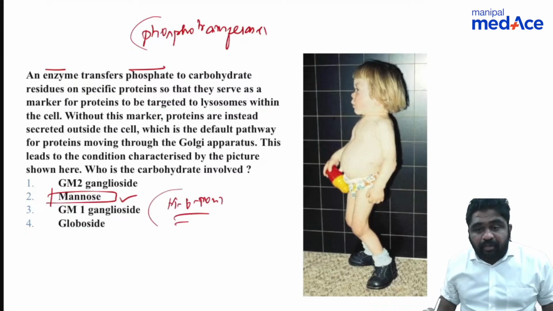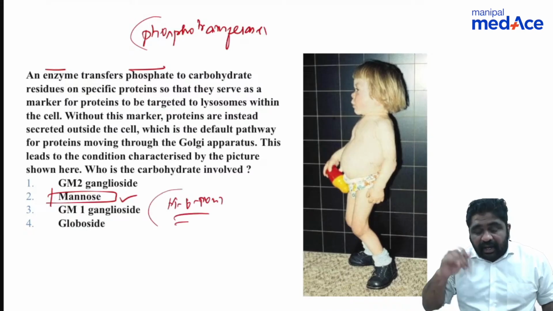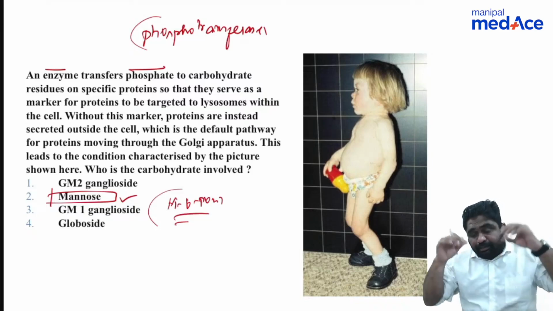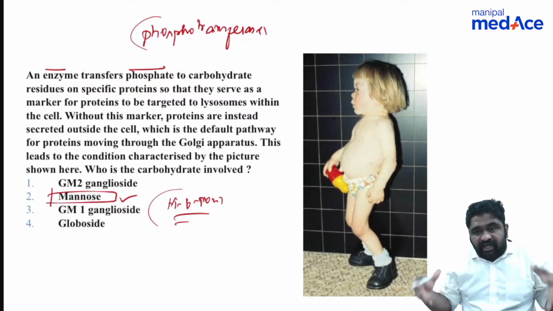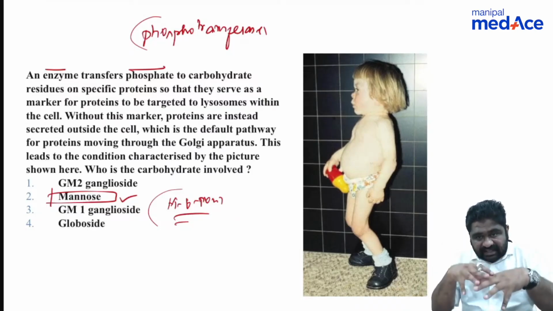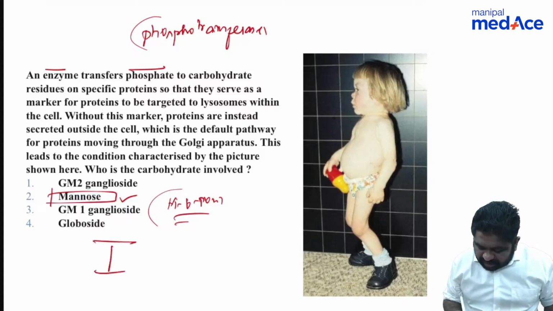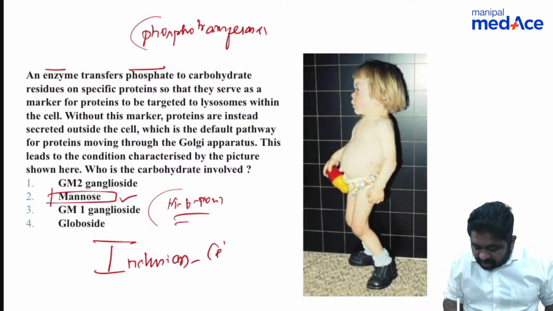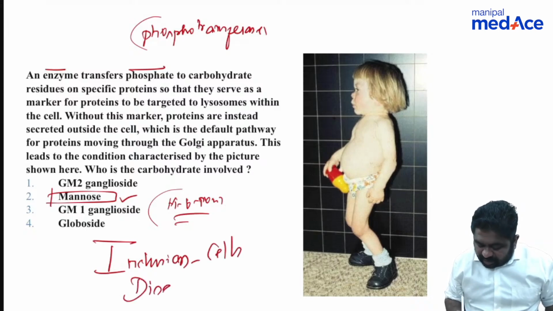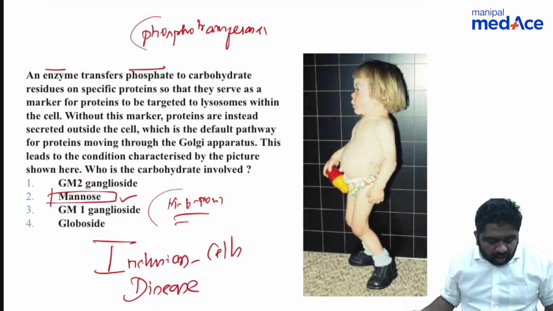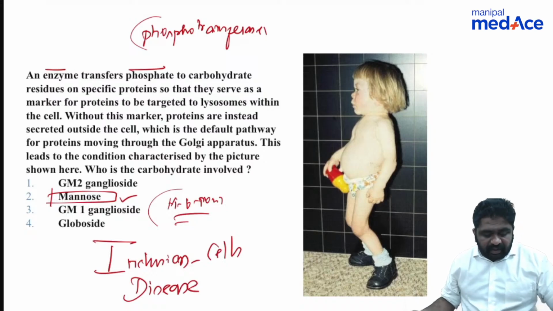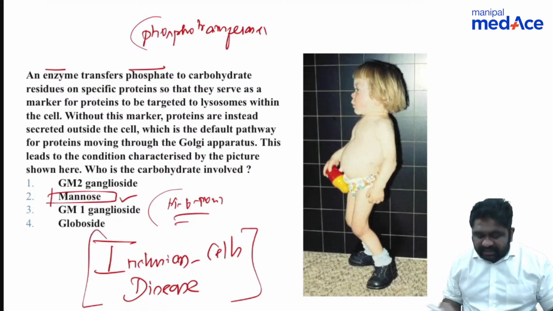So targeting of the protein to the lysosome is not happening, and this protein will start accumulating inside the cell because of improper activity of the lysosome. This is capable of causing inclusion bodies, and those cells will be referred to as inclusion cells, and this disease is referred to as inclusion cell disease or I-cell disease.